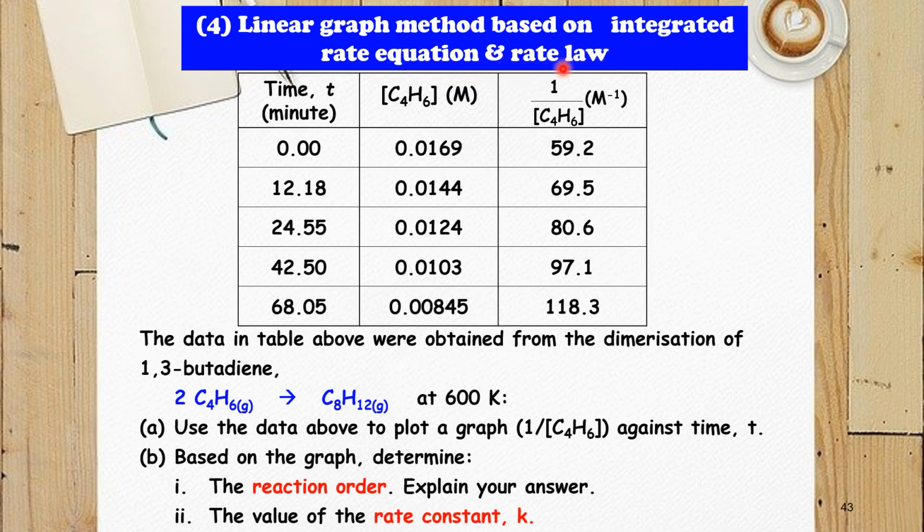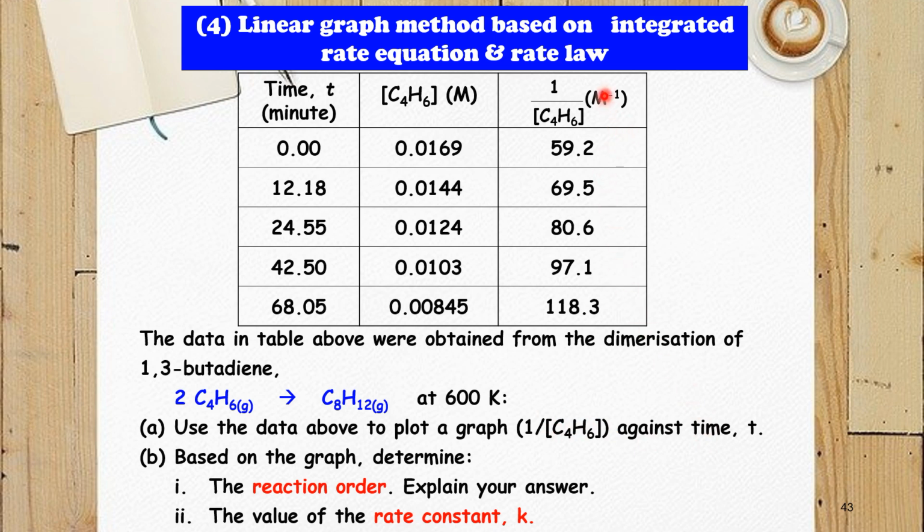Alright, so it's given here the time in minutes, okay, the concentration of C4H6 in molar, and then 1 over concentration of C4H6 per molar. Okay, so the data in the table above were obtained from the dimerization of 1,3-butadiene, that is referred to as C4H6, at 600 K. Use the data above to plot a graph of 1 over concentration of C4H6 against time.